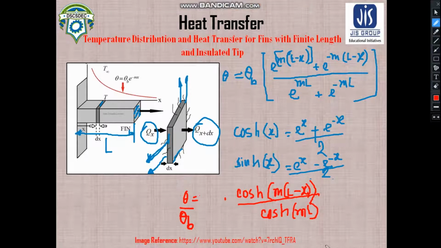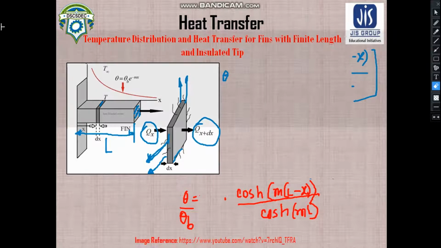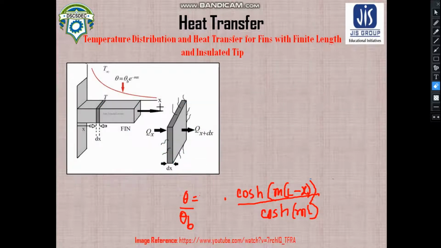So you can understand that the temperature distribution for fins having finite length and insulated tip can be written according to this formula. So I will write down the final temperature distribution which we have generated for this type of fins.